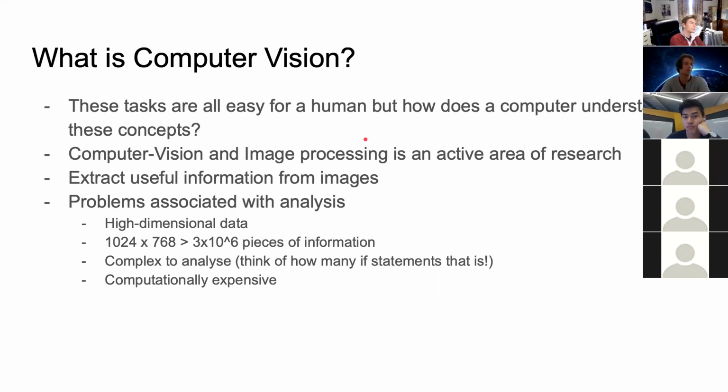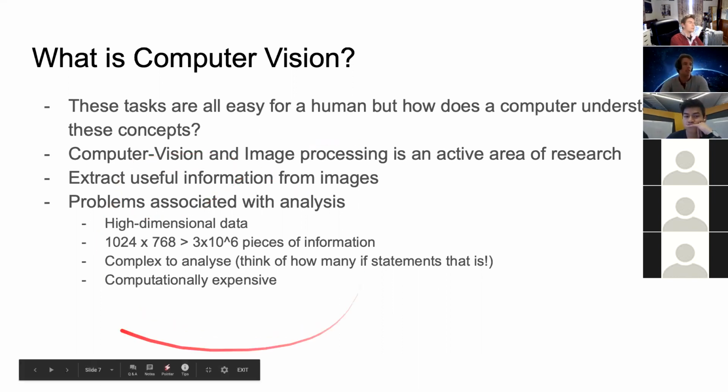So one of the problems with image processing, we've talked about context, is that motion is hard to understand. Taking one frame out of context and analyzing it by itself is not going to be as useful as if you have lots of images in a row and you understand the motion between the images, or how color changes, or you understand the environment. This can be associated with the fact that images are very high dimensional data.